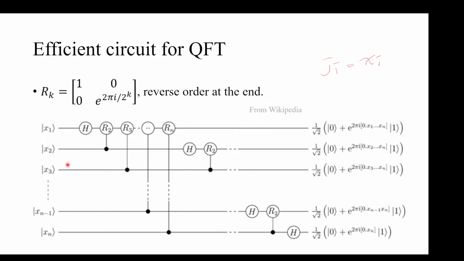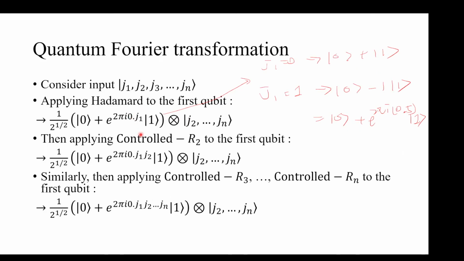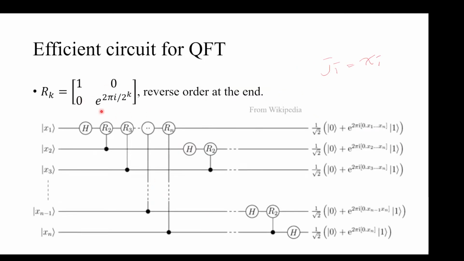And so control on J2 being 0 or 1, you do e to the 2 pi over 2 to the 2. Yeah, sorry. And so control on R2, you will get the extra phase on the 1 component of the first qubit.